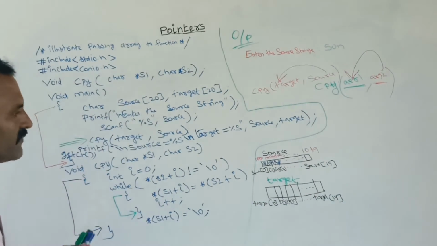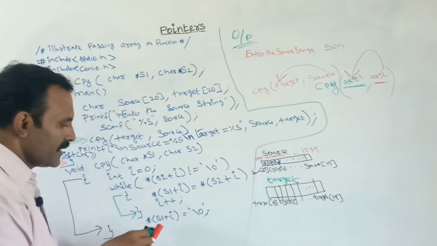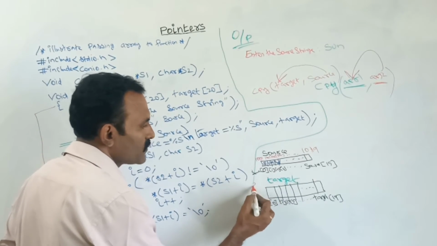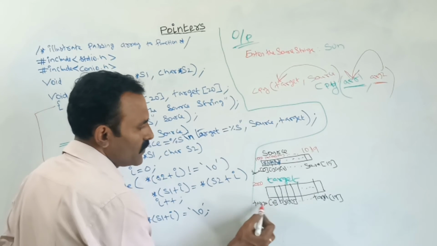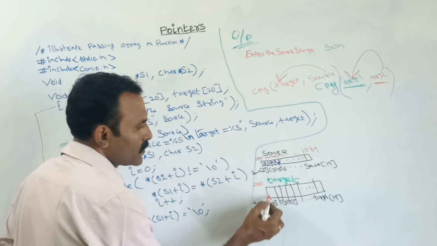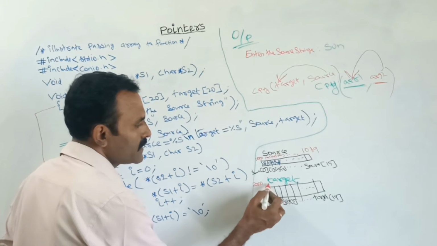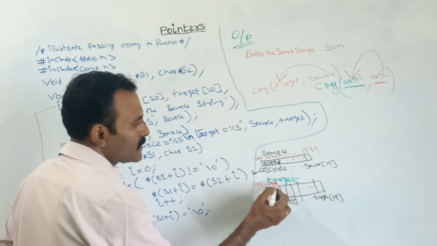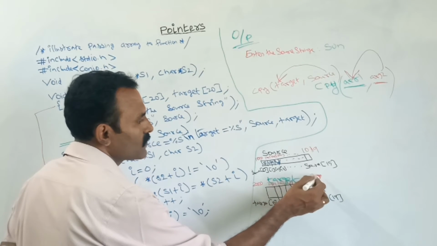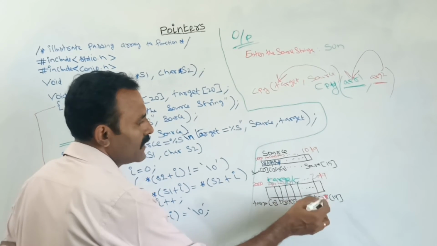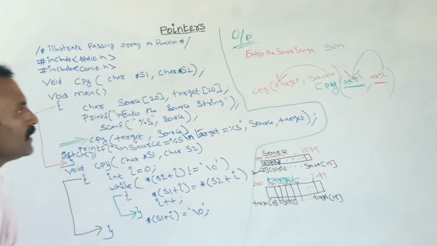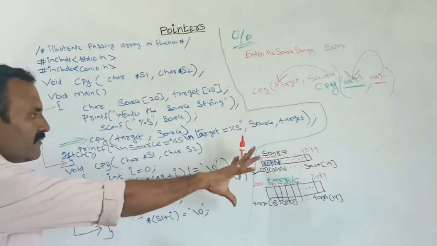In the same way for the target, let us assume the memory address starts from 2000. So the base address of target of 0th position is 2000. Next, target of first position is 2001, then 2002, 2003, etc., up to 2019, the last byte address of the string target. In this way the memory is allocated.